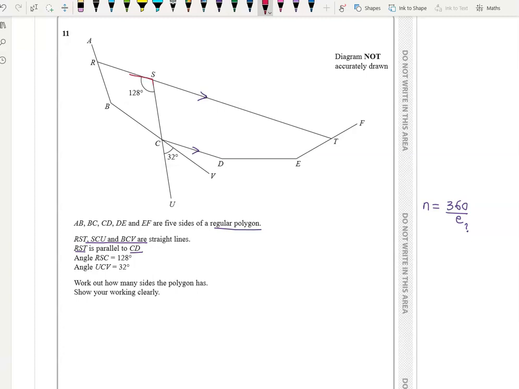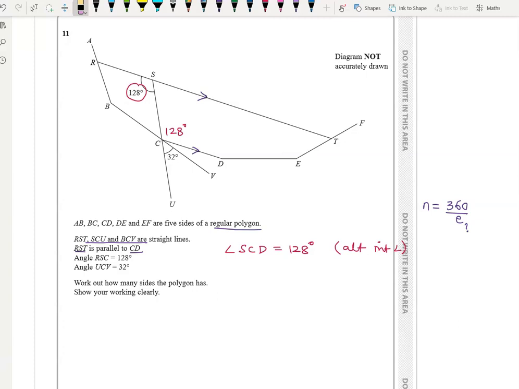So obviously we have the alternate interior angles which makes this shape Z. So this angle here is 128. So the Z angle, alternate interior angle, will also be 128. So we can write here angle SCD is 128 degrees because it is a pair of alternate interior angles.